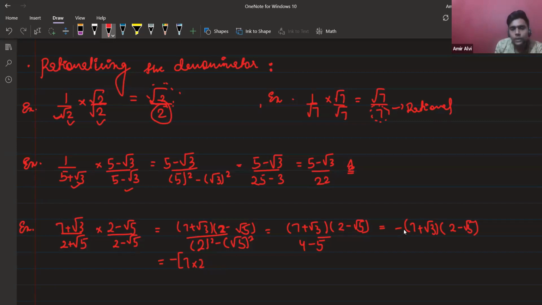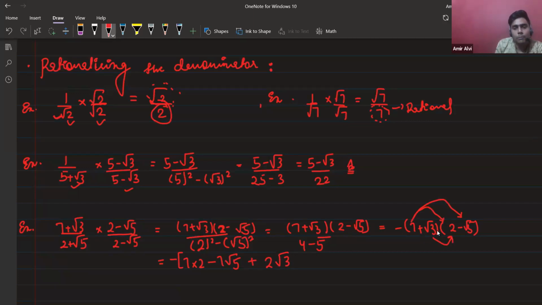I'm just asking, keep that thing stepwise. If you have multiplied with 2, now 7 will be multiplied by minus root 5. So minus 7 root 5. Now there's a plus sign, you have to write the plus sign here. 2 root 3.